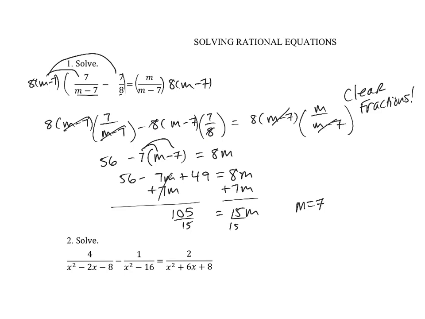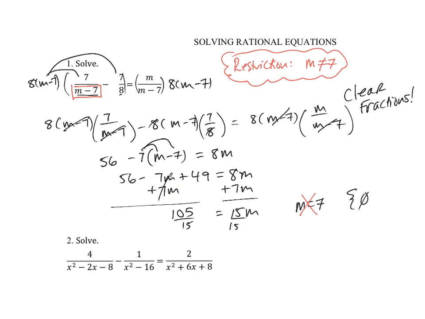However, if we look at what the domain restrictions would be, the restriction is that m actually cannot equal 7. So this is not a true solution, and so our actual solution is no solution, the null set. There is no number that makes this equation true.